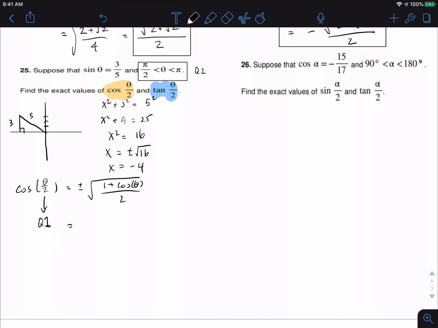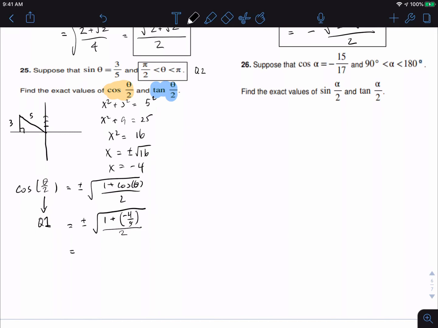So I'm going to get plus or minus the square root of 1 plus, now cosine of theta is going to be a negative 4 over 5, right? That's because of our x, and that's divided by 2. And that's all under the square root.